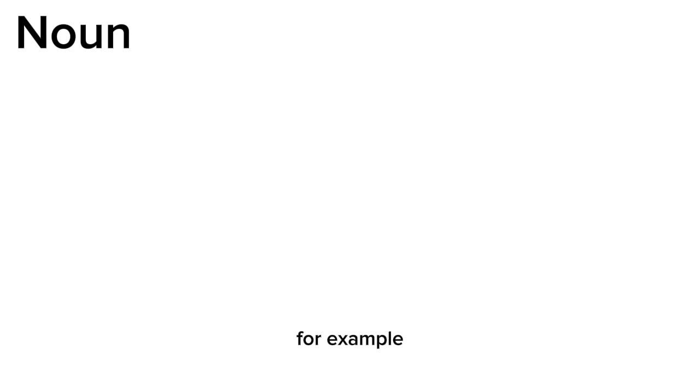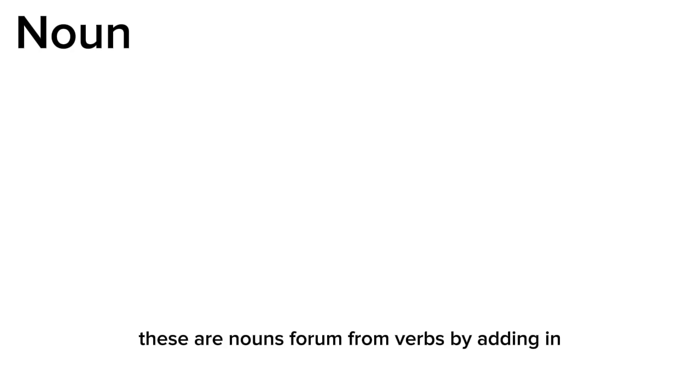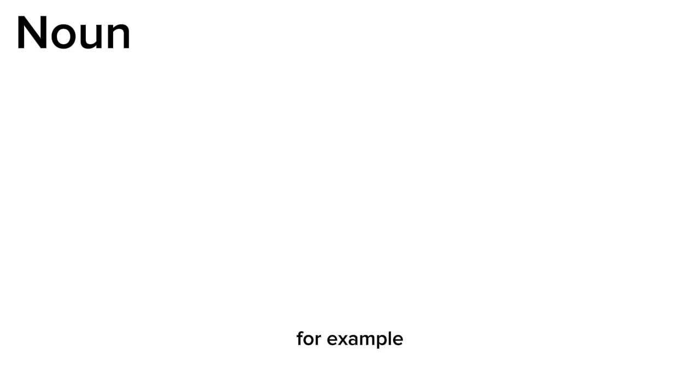For example, John's car, Kate's tail, company's logo. These are nouns formed from verbs by adding ing and can function as subjects or objects. For example, swimming, reading, cooking.